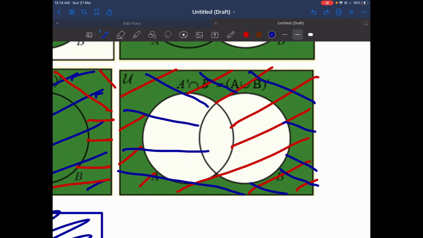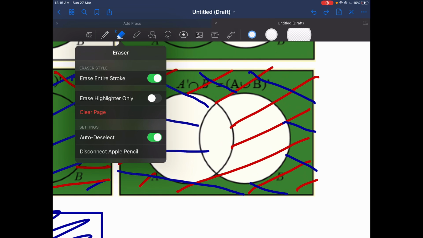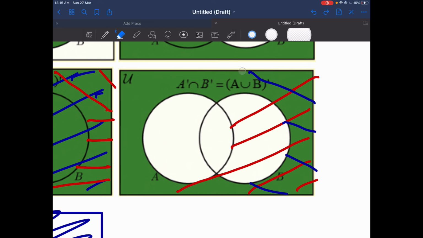So you see, at this section there's only blue marking, and at this section there's only red marking, so you know it's not inside. And then this section is obviously left white, so it's not this part, right? So A prime intersect B prime would look like this overall.